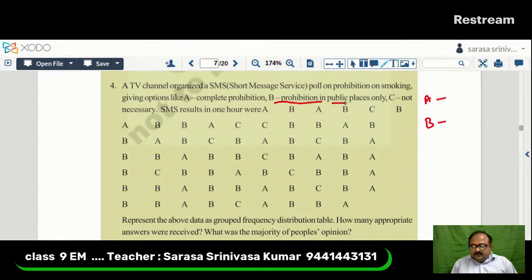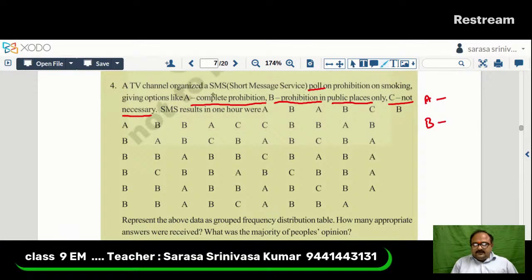C is prohibition is not necessary. These are the three options given in the short message service poll.